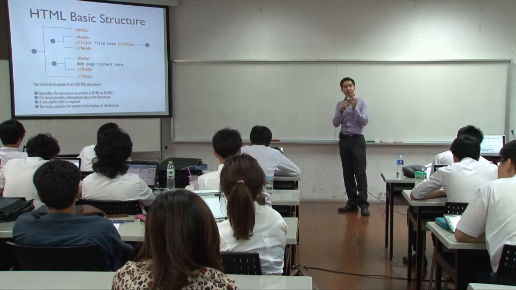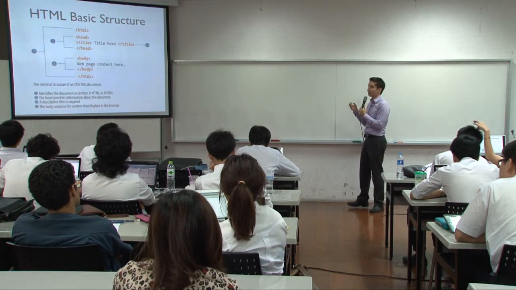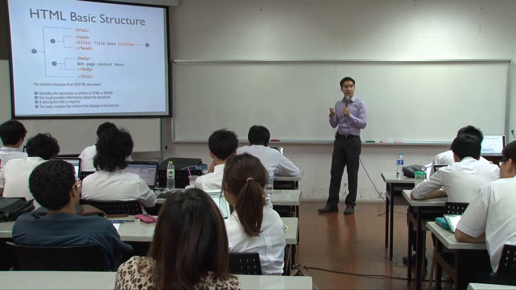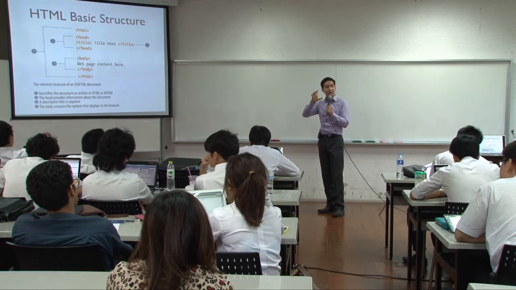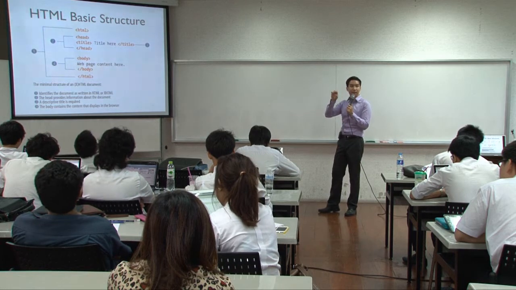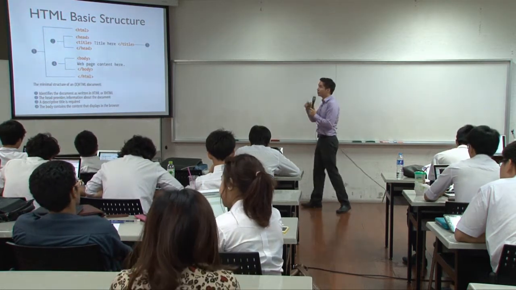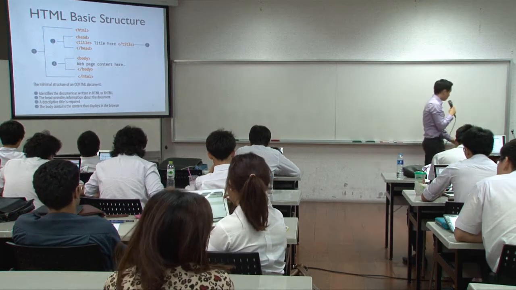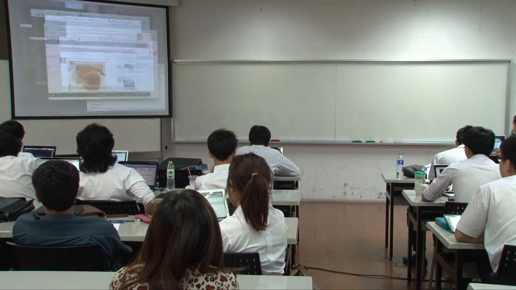Once you define the doctype, the required syntax for your web page is broken into four parts. You have the HTML tag. Then you have the head tag, where you put the title of the web page. The stuff inside the title will be shown when you view it in your browser here.